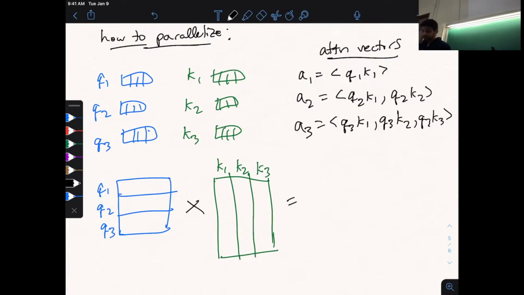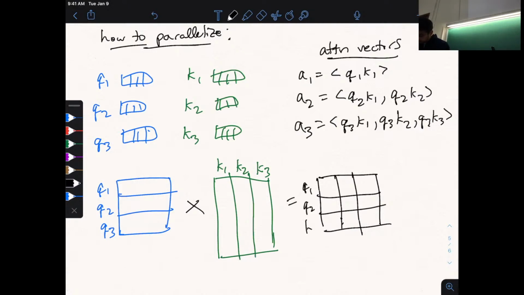I will get at the end a 3 by 3 matrix, where the queries are over here, the keys are over here, and each element of this matrix is the dot product of the query and the corresponding key vector.